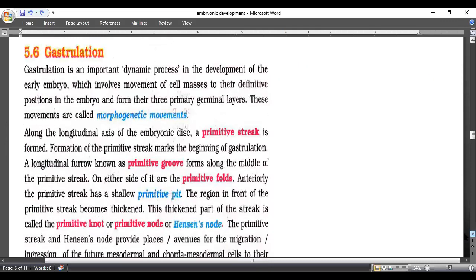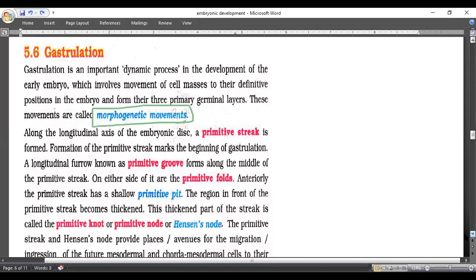Gastrulation is an important dynamic process in the development of the early embryo, which involves movement of cell masses to their definitive positions in the embryo and forms the three primary germinal layers. These movements are called morphogenetic movements. Let me say once again.